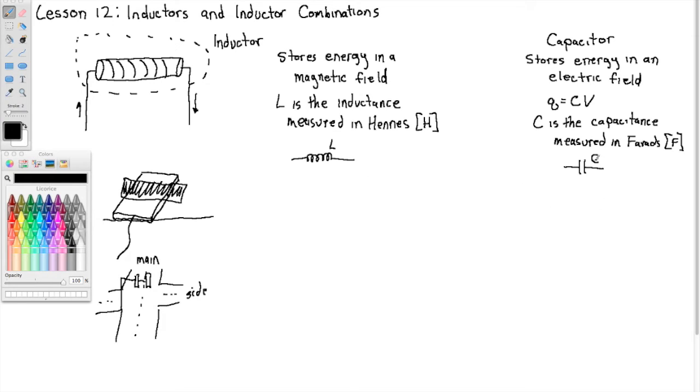Externally, for the capacitor, we had one of my favorite equations, I equals C dV dt. So the current through the capacitor, I, is equal to C times the derivative of the voltage across it.